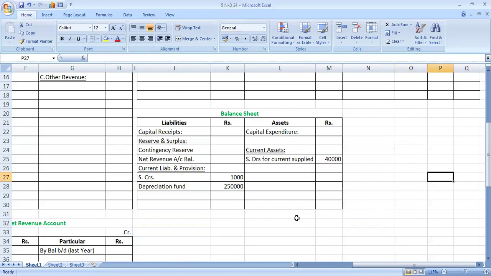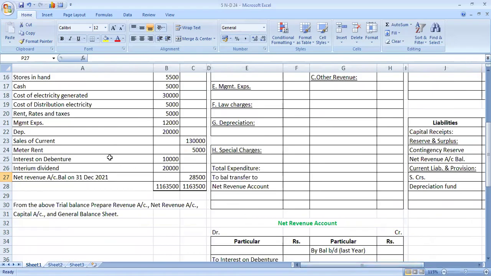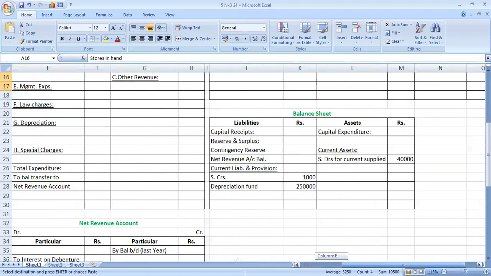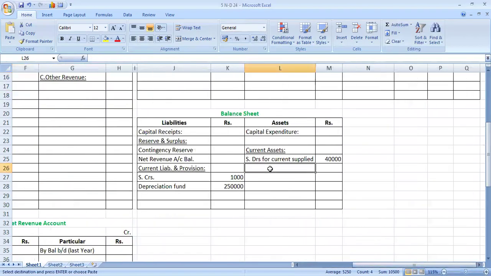Next, stores in hand 5,500. Cash 5,000. Both items go to the asset side under the heading of current asset.